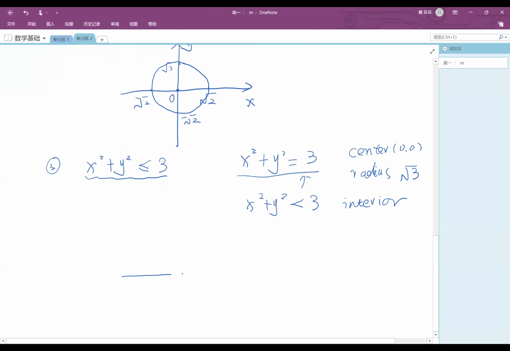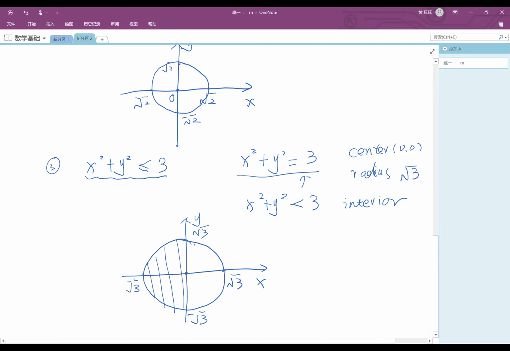So if we draw the graph of this, this is the center, this is the x axis, this is the y axis. And if we draw a circle, the radius is the square root of 3, this is negative square root of 3, and all the points in the interior of this circle satisfy this equation.